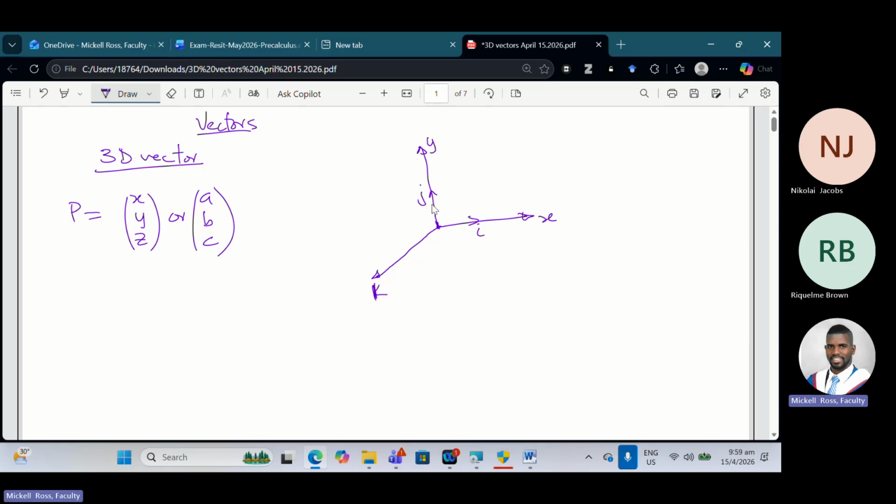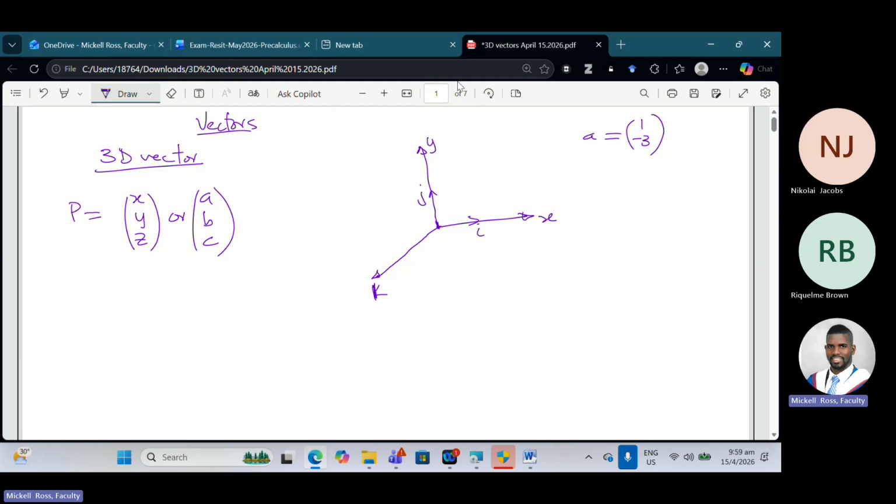When we started out looking at vectors, we would have looked at, say for example, vector A equal to 1, -3. So we know that the top number is the direction of the vector in terms of x. The bottom number is the direction of the vector in terms of y, right? So when you have it in 3D, x, y, and z, it is the direction of the vector in terms of the different axes, all right?